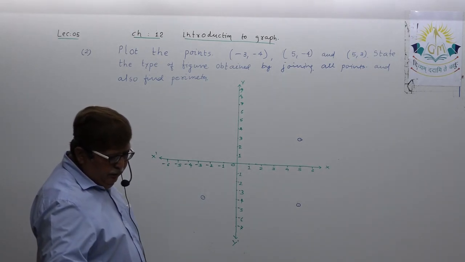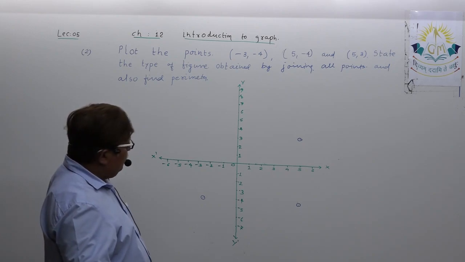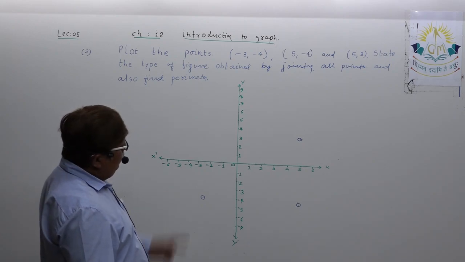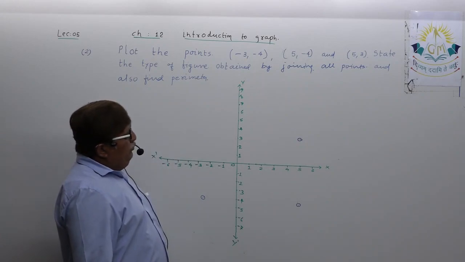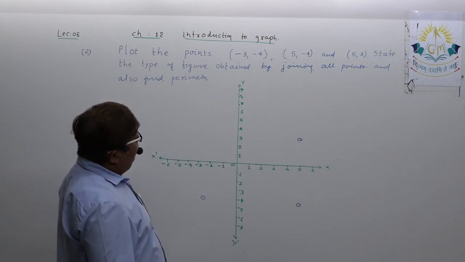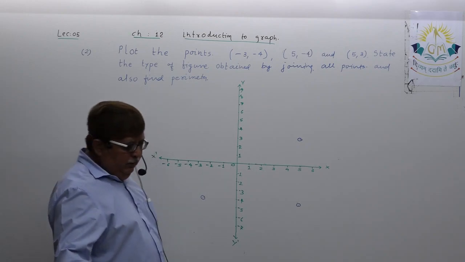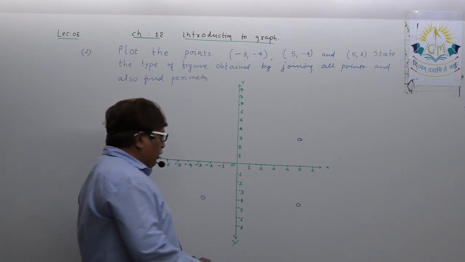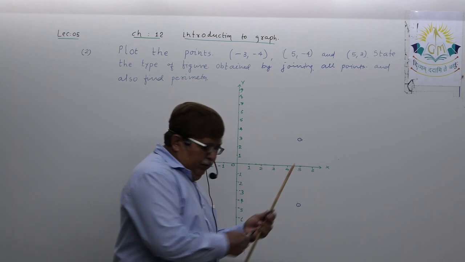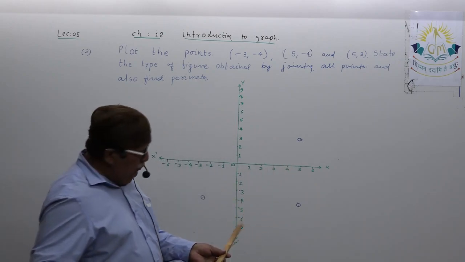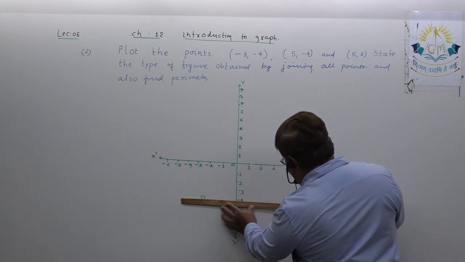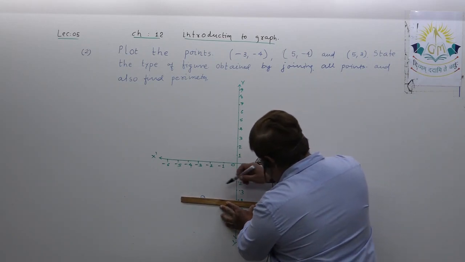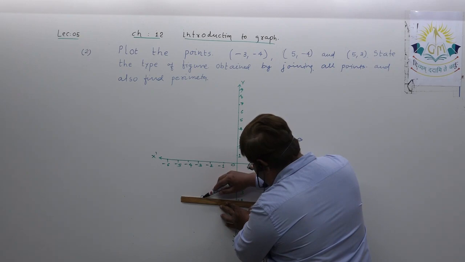Now, what is the question? The question is to state the type of figure obtained by joining all these points in order. So first, let us join both these points. Please draw with me. Join both the points.